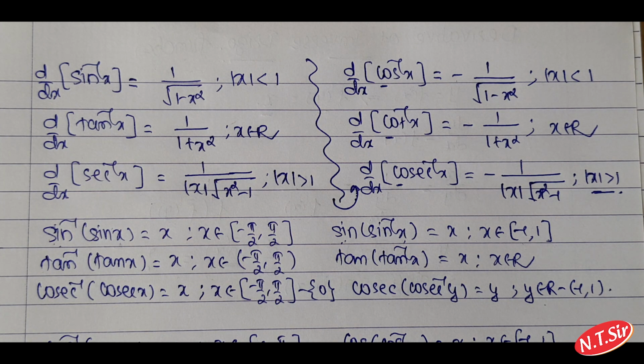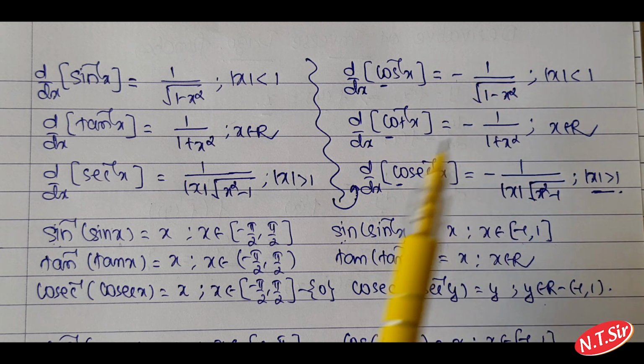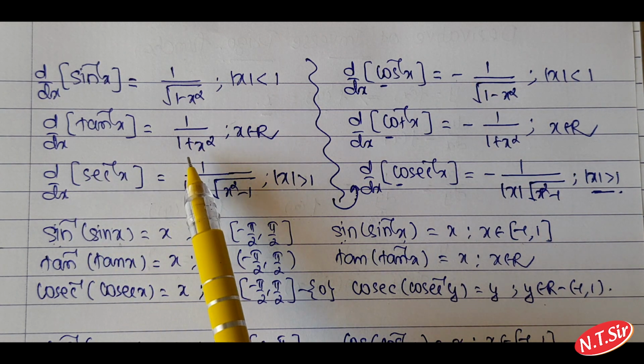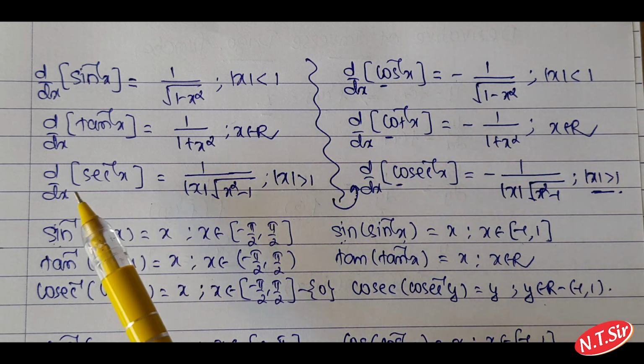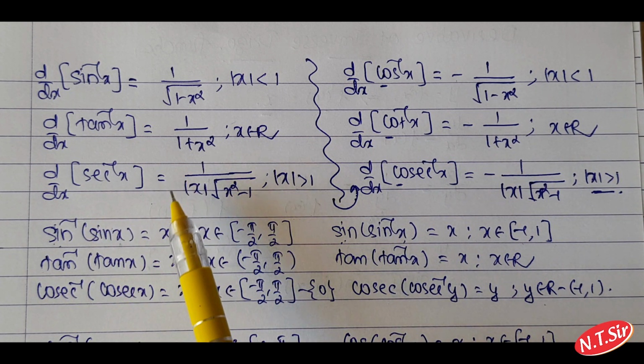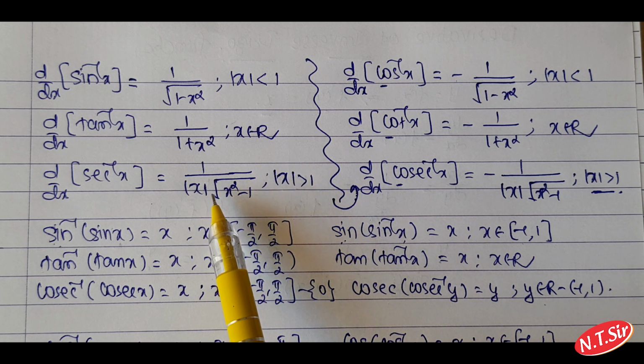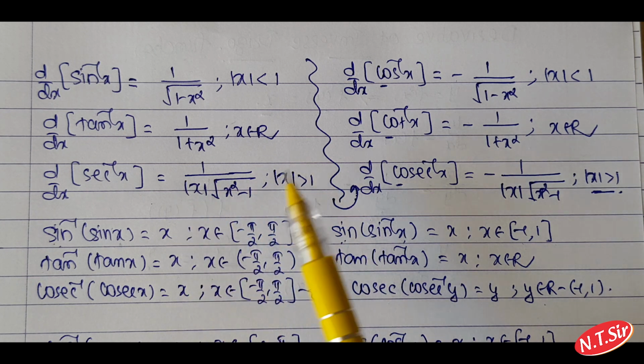Derivative of cos inverse is the same, only minus. Derivative of tan inverse x is 1 upon 1 plus x square. Derivative of cot inverse is the same, only minus. Derivative of sec inverse x is 1 upon under root x square minus 1 into modulus of x, and cosec inverse x is minus that, right?